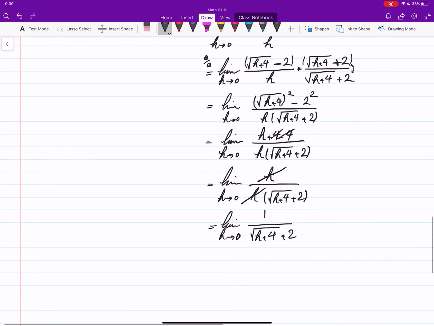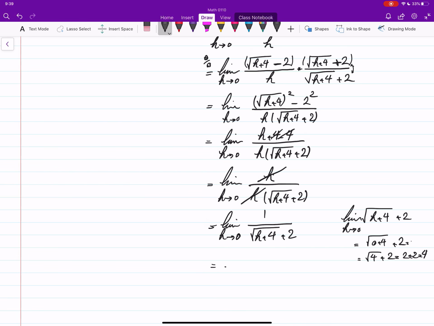And well, now look, the limit of the denominator as h goes to 0 is, well, use the limit laws here. It will be just root of 0 plus 4 plus 2. This is root 4 plus 2, and this is 2 plus 2, which is 4. Well, this is non-zero.